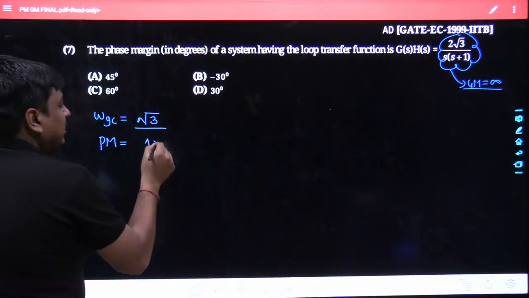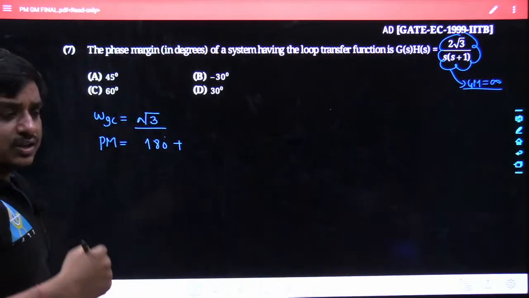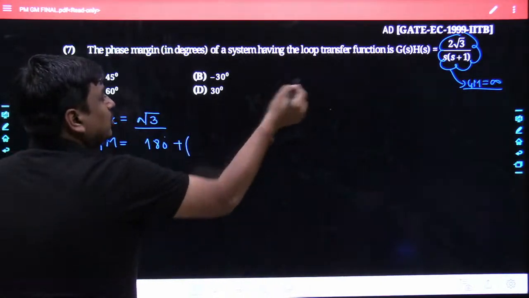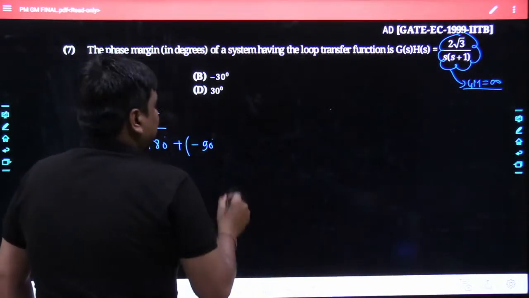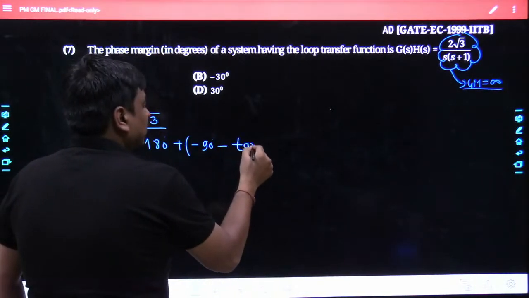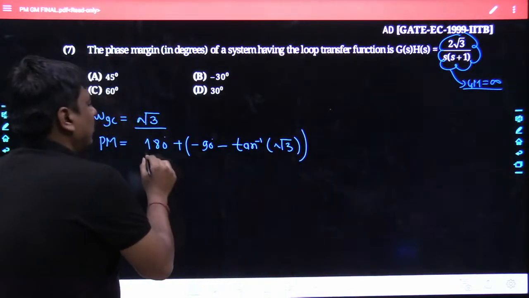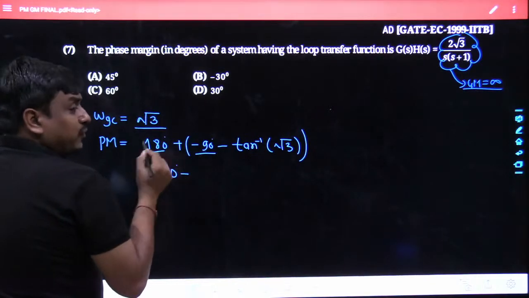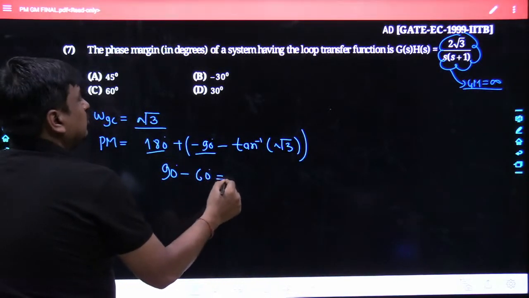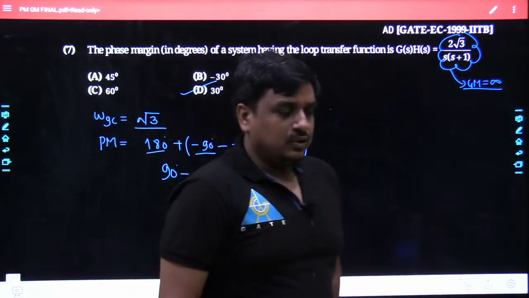That is 180 degrees plus the phase offered by the system at omega equals omega GC, which is nothing but 1 upon S would lead minus 90 degrees. Similarly, S plus 1 would lead tan inverse of omega, where omega is nothing but root 3. So 180 subtracted with 90 would become 90. Tan inverse of root 3 is nothing but 60. So end of the day, the answer which we have in hand is nothing but 30 degrees.